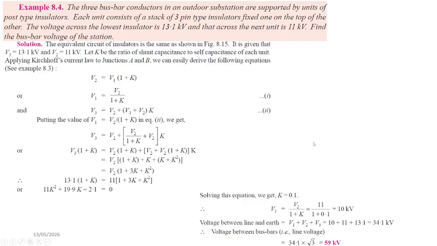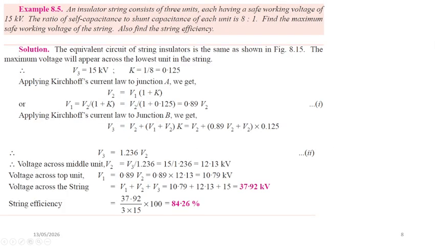Okay, this is another example. This slide presents an example of voltage distribution across a string of post-type insulators in an outdoor substation. Each unit consists of a 3-pin type insulator, where each unit has a safe working voltage of 15 kilovolt.